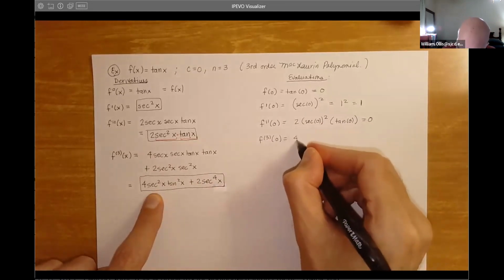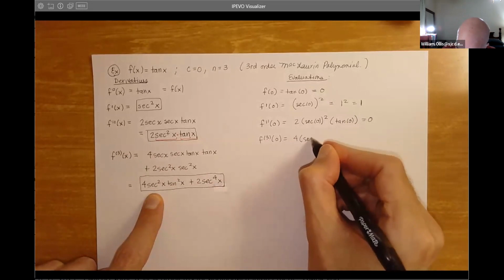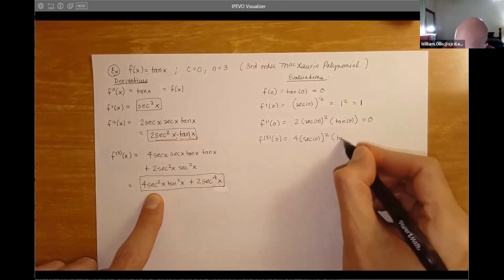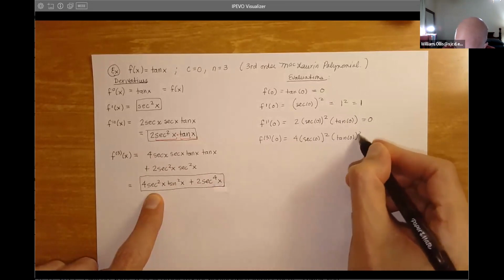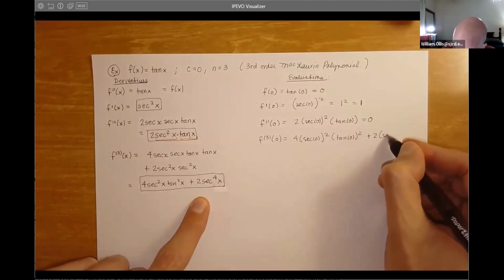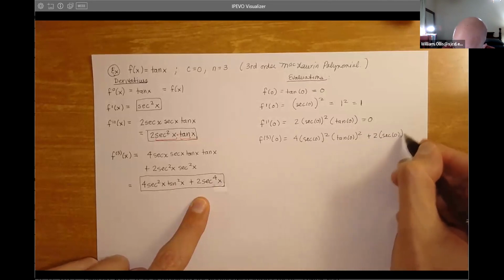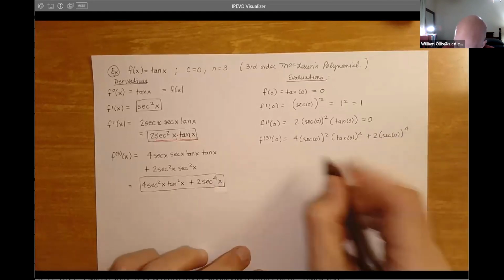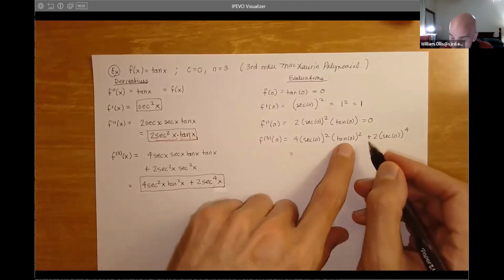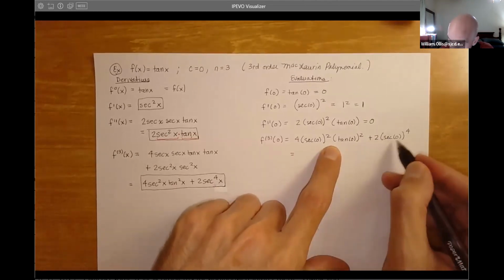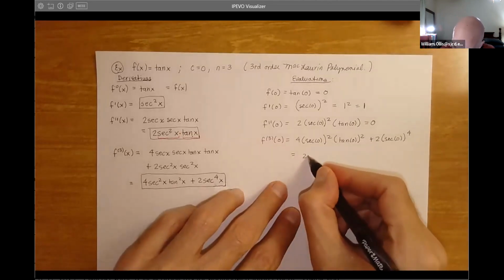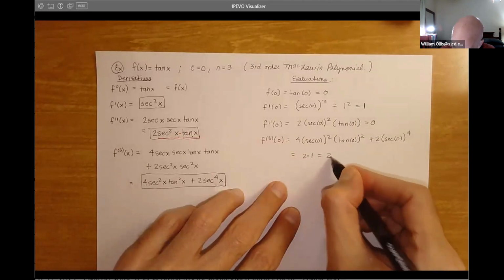We have 4 secant of 0, quantity squared, tangent of 0, quantity squared, plus 2 secant of 0 raised to the 4th power. Now, of course, like we had before, and this is not a surprise, the tangent of 0 annihilates the first term, but of course here we just got a secant of 0, which is 1. So this gives us 2 times 1, which is 2.